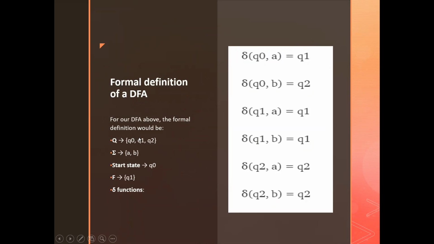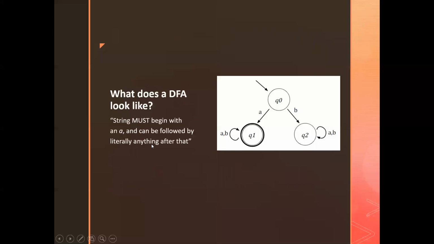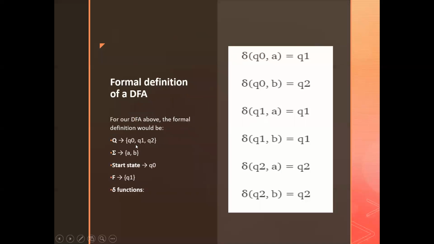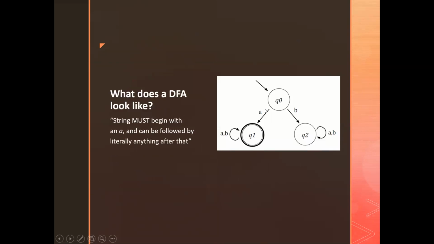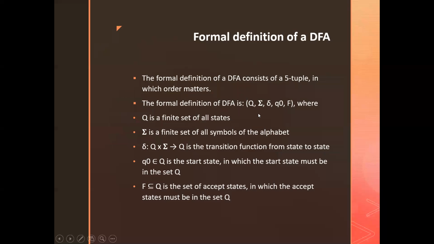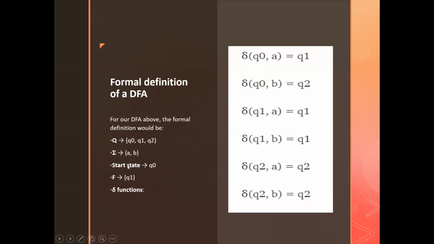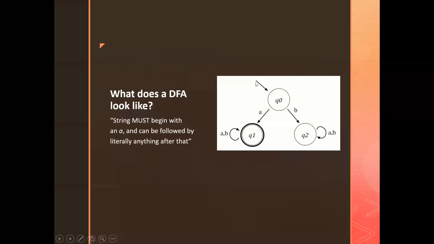Now the formal definition of DFA for the above discussed example. Here Q is Q0, Q1, Q2. We have three states, and that is the reason your capital Q contains these three states. Sigma is the input alphabet; here we have only two input symbols, a and b. The start state is Q0, marked with this arrow.